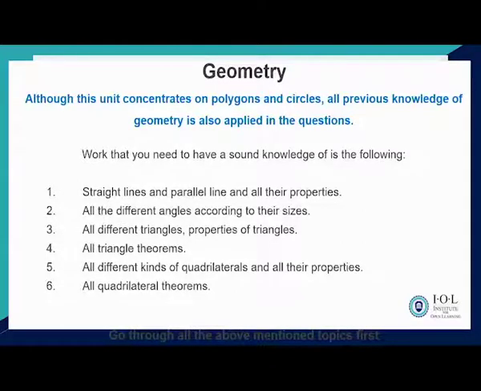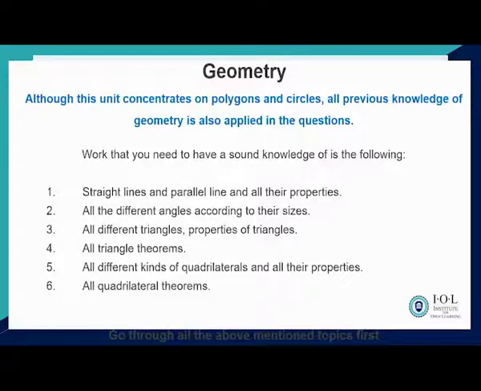Isosceles triangle, see that you have the spelling correct. Isosceles triangle, equilateral triangle, scalene triangle, right-angled triangle, obtuse angled triangle, acute angled triangle. See that you know all these.